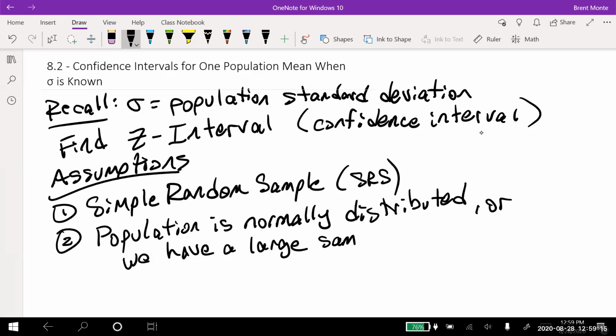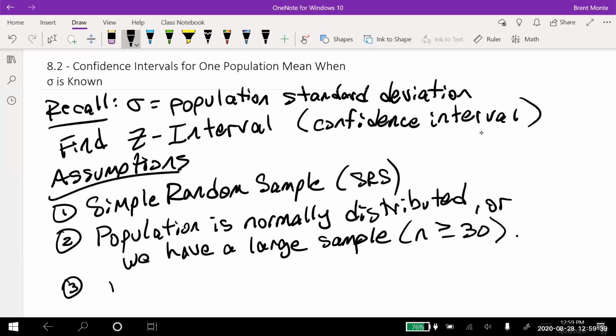What makes it a large sample in this case? Well, remember we said if the sample size n is at least 30, so greater than or equal to 30, it's a large sample. Even if the population of the variable is not normally distributed, the population of all samples of size 30 or larger is normally distributed, so we can still use that Z.